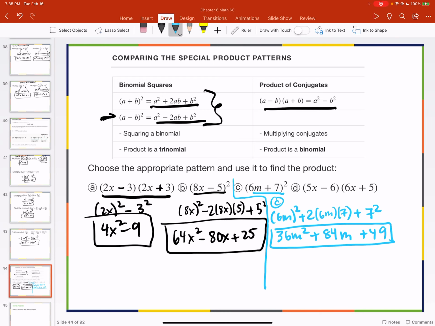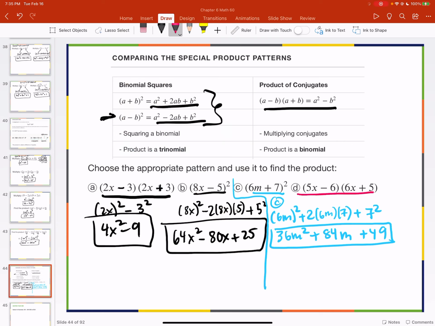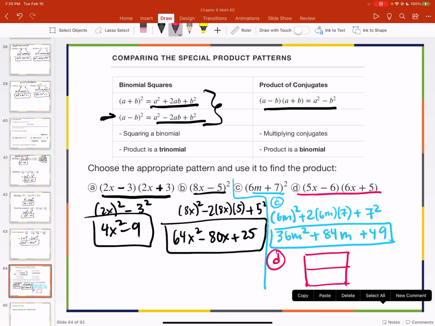And then finally D, let's choose a different color. So for D, is it difference of squares? It's not, right? It's 5x minus 6, 6x plus 5. So it's not difference of squares because it's not exactly the same. So we just have to do a box.